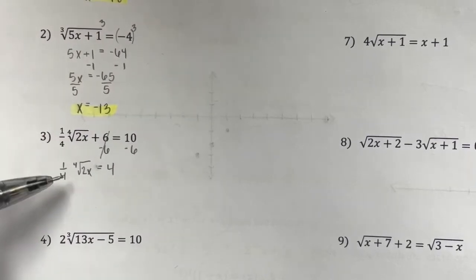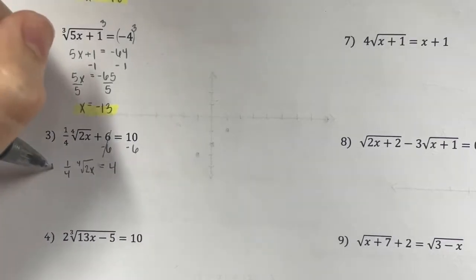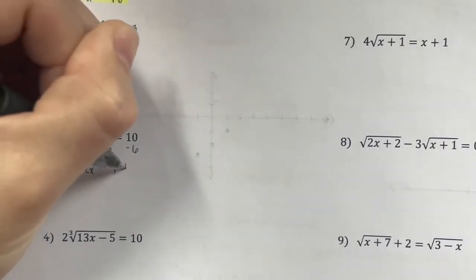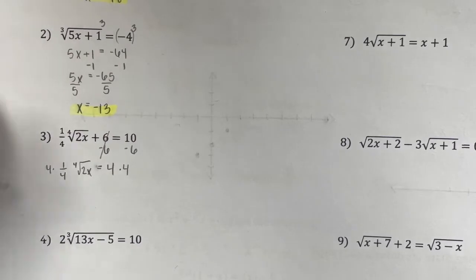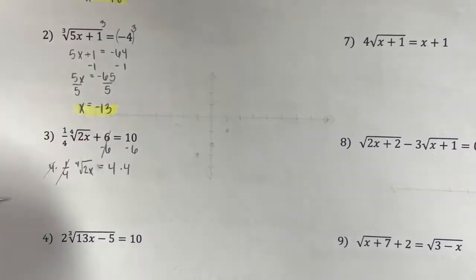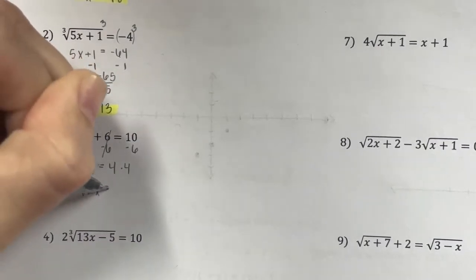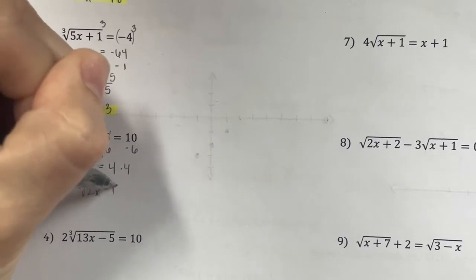And then now I need to cancel out this 1/4. So in order to do that, I can multiply both sides by 4. So 4 times 1/4 is just 1, so those cancel each other out. And then I'm left with the 4th root of 2x equals 4 times 4, so 16.